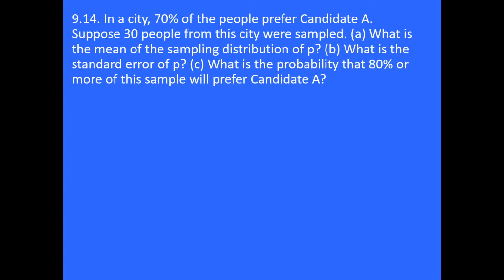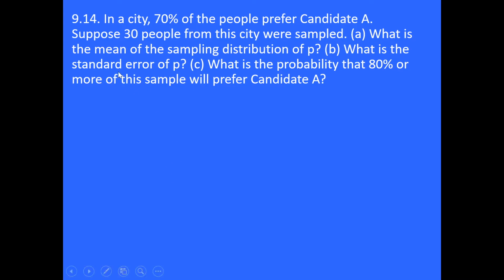So in this one, we have a city where 70% of the people prefer candidate A. Suppose 30 people from this city were sampled, so that's the sample size. What is the mean of the sampling distribution? What is the standard error of the proportion?